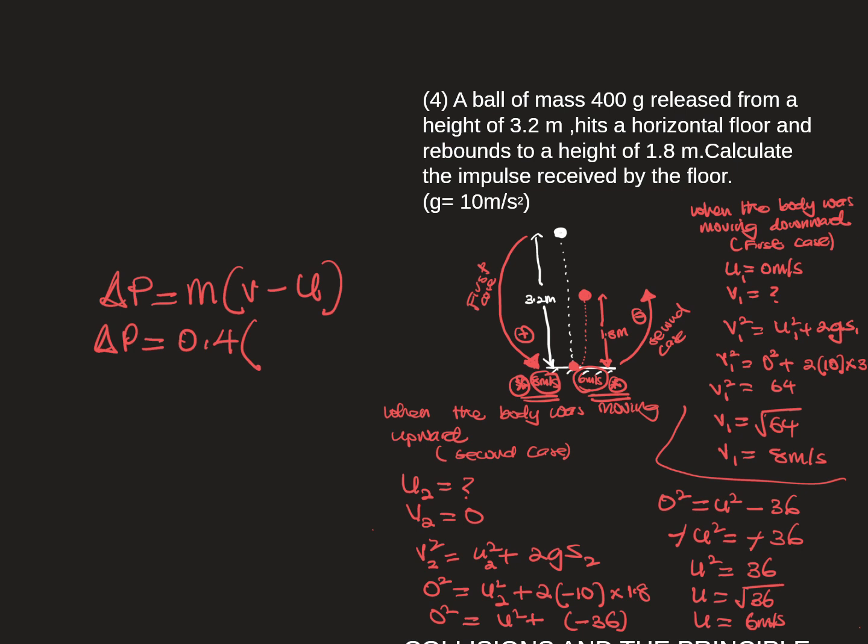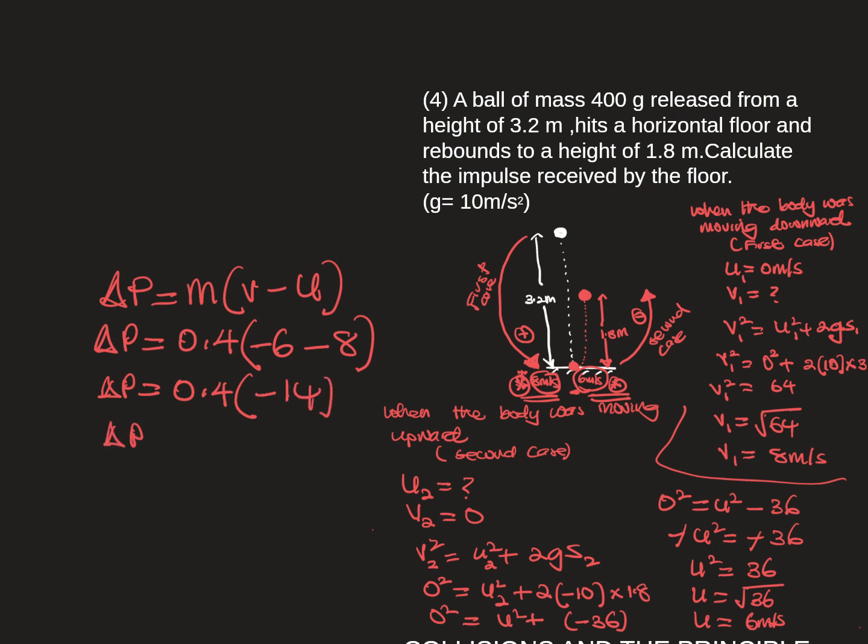We're going to have the final velocity as -6 because it is moving up, while the initial velocity will be +8. Okay, so that will be -6 minus the initial velocity, 8. So the change in momentum is 0.4 into -6 -8, which is -14.